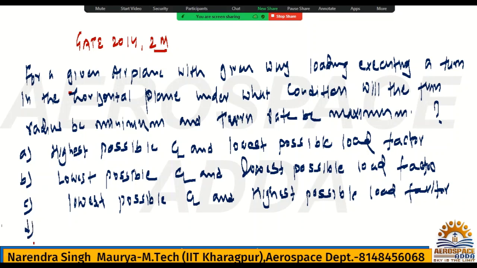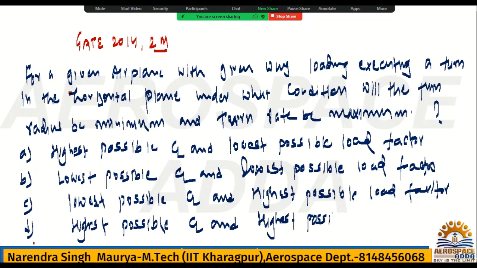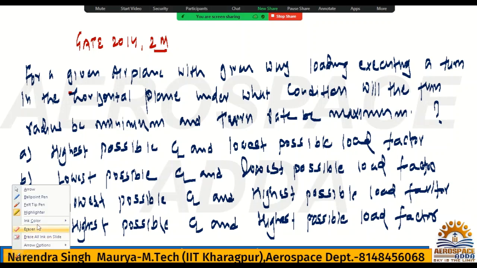Option D, highest possible CL and highest possible load factor. Check. So whatever explanation I had given was between the load factor and velocity, but here they have given CL.